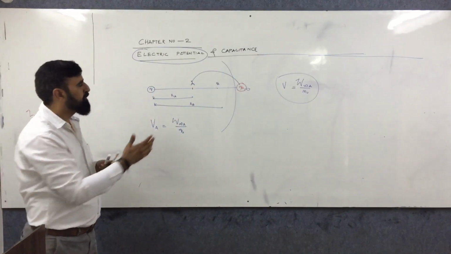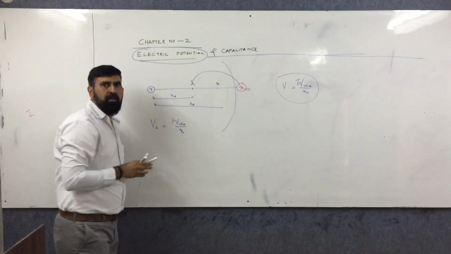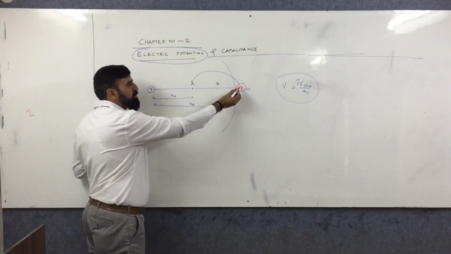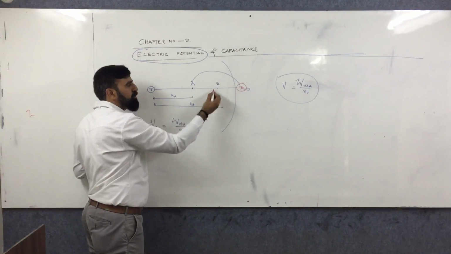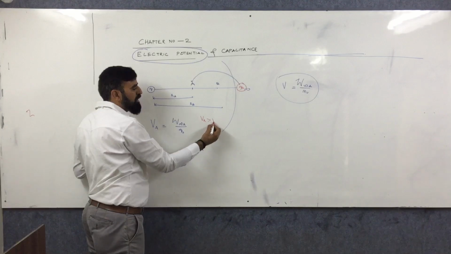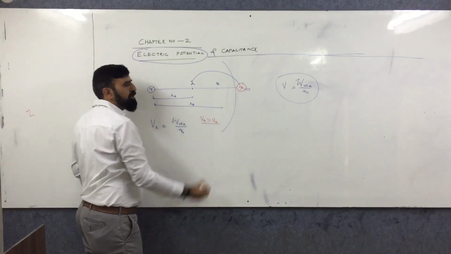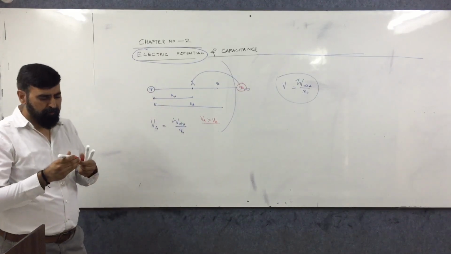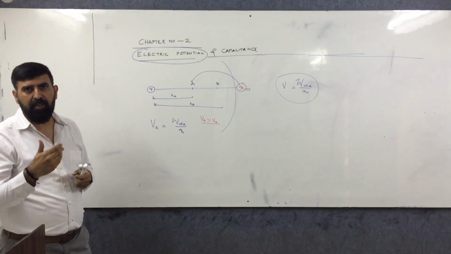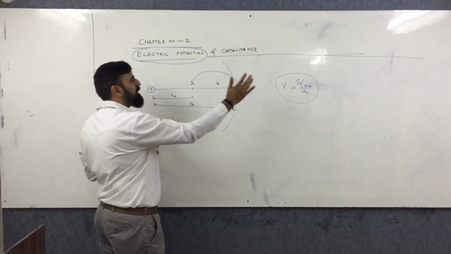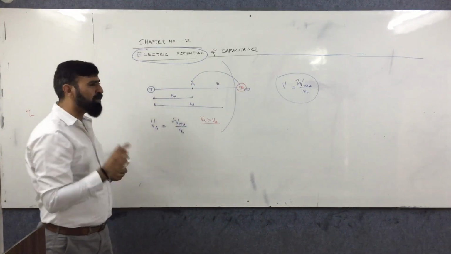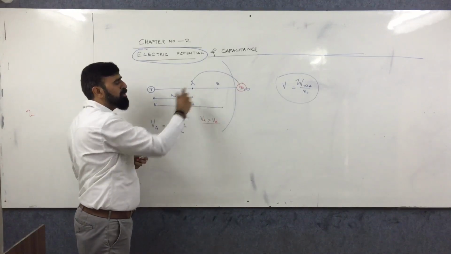For obvious reasons, this charge is going to repel the positive charge. Since I have to do more work to bring the charge to A than to B, the potential of point A definitely will be more than the potential of point B. So the potential, the work done to move a test charge from infinity to a point per unit test charge, will be higher at A compared to B.